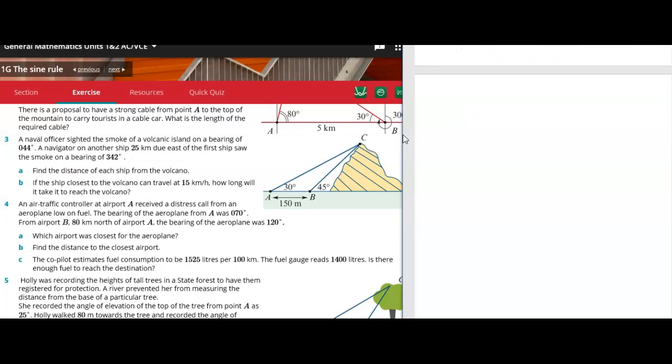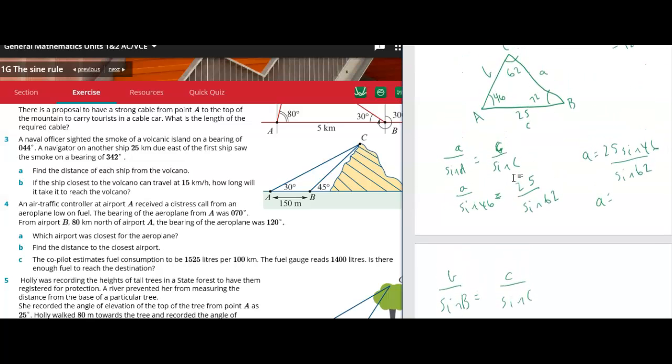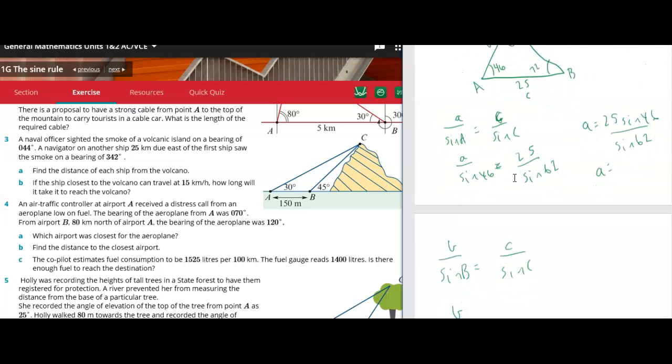Okay, so again, do the same thing. Use the value we had, which was C. So the angle at B, let me just scroll up. What was that? 72.